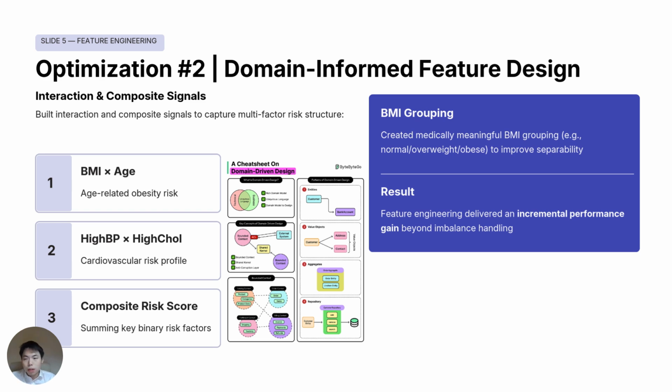And I grouped the BMI into medical-style categories like normal, overweight, and obese. These engineered features improved my score, but the improvement was incremental. It helped, but I could tell I was approaching a performance plateau.